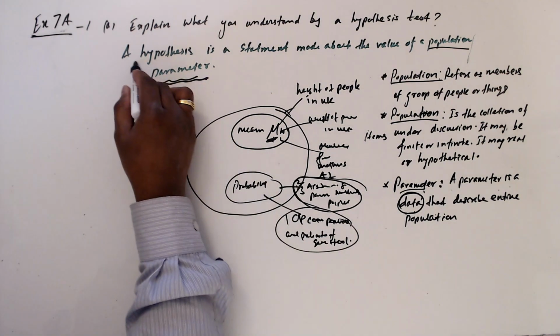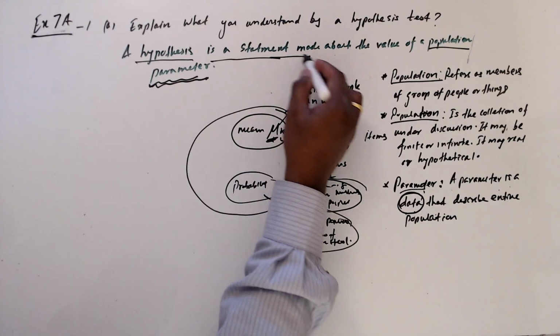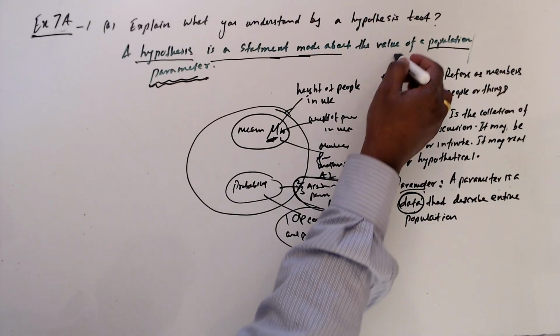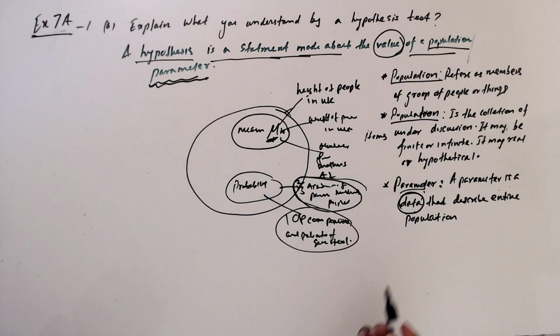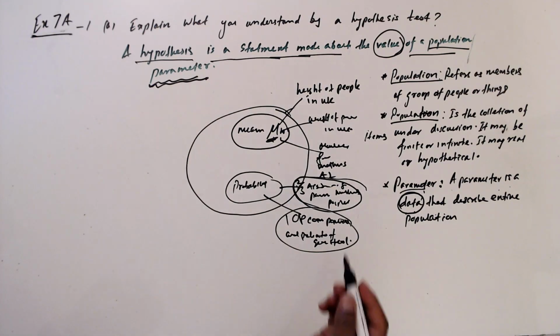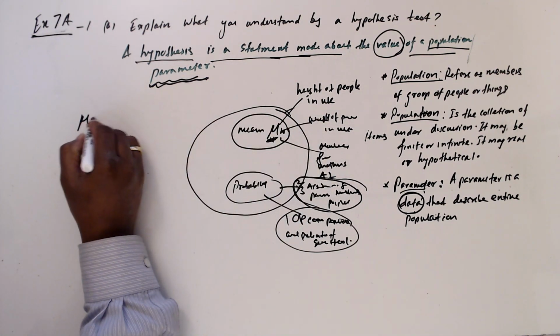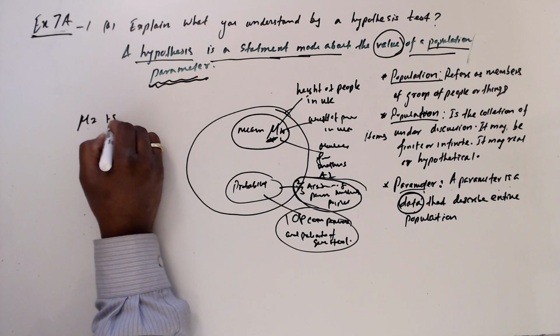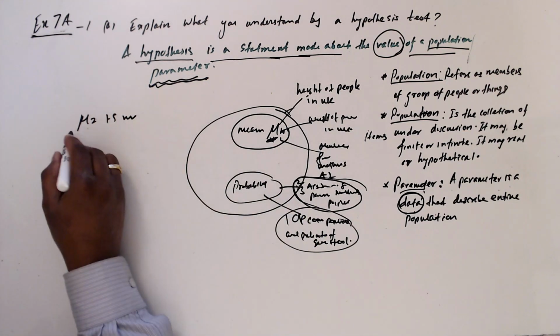So a hypothesis is a statement made about the value of a population parameter. So here we are saying the height of all the people, mu, equals, let's say, 1.5 meters.